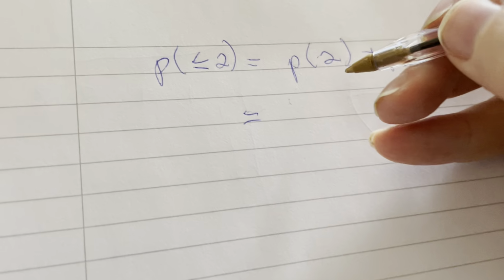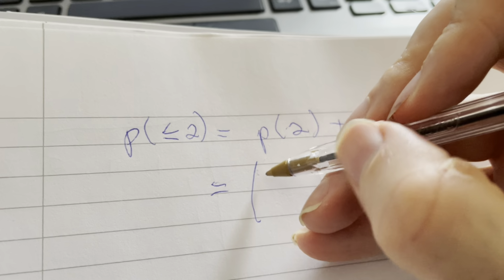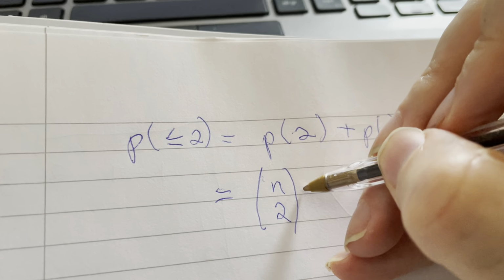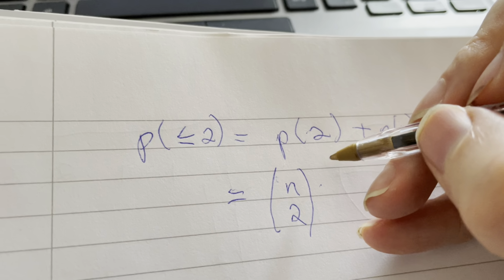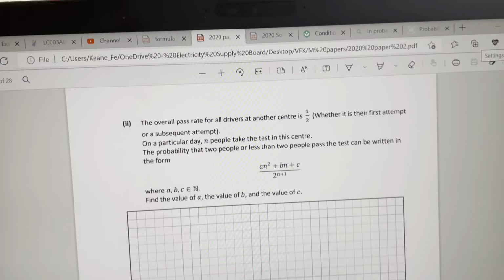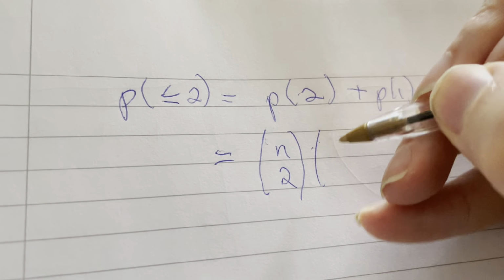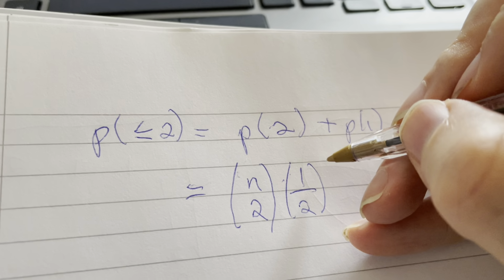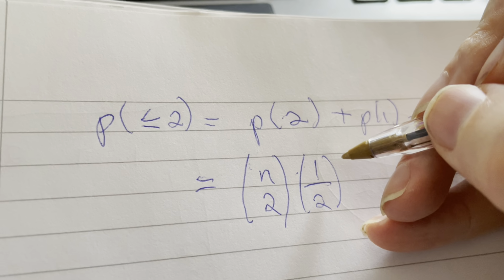It's n people doing it, so it'll be nC2 times the probability of passing. Nicely they've said the pass rate is a half, which means the probability of failure is a half as well. So that'll make things easier. So it'll be a half to the 2, as 2 people are passing.